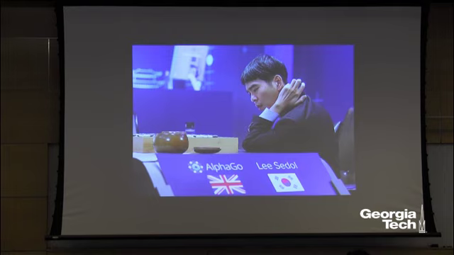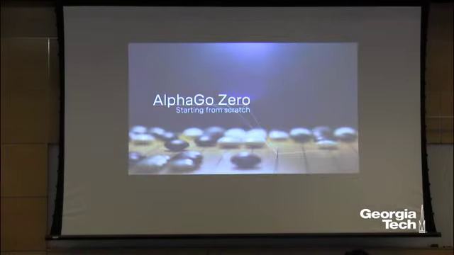AlphaGo's prominence at the top did not last long, however, because about a year later, the same group, Google DeepMind, announced AlphaGo Zero, which instead of learning from observing humans playing Go games, learned by playing against itself, with little or no human knowledge.